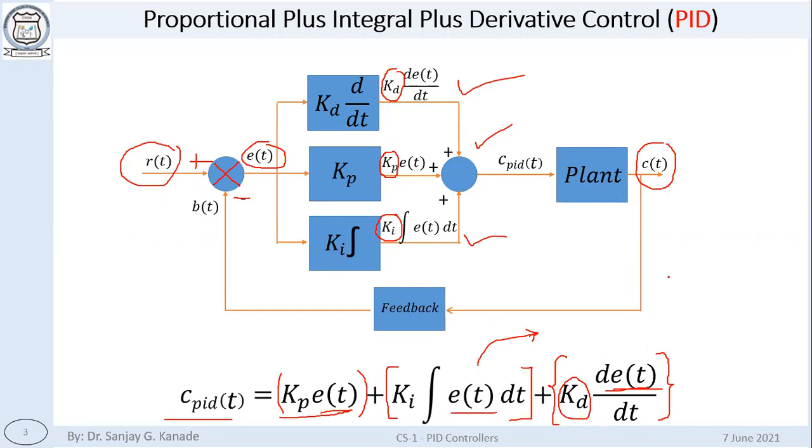Let's say Ci shows the integral output. The rate of change of output, d by dt of this, is proportional to the error signal.